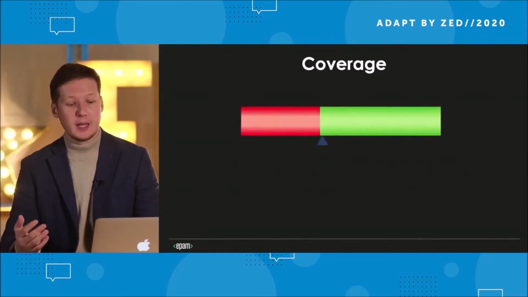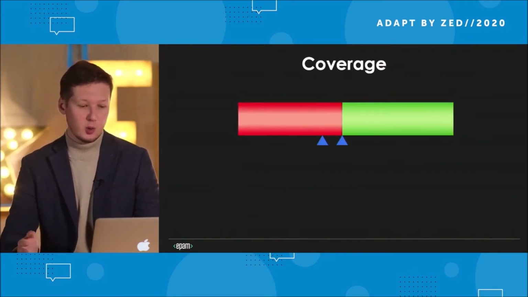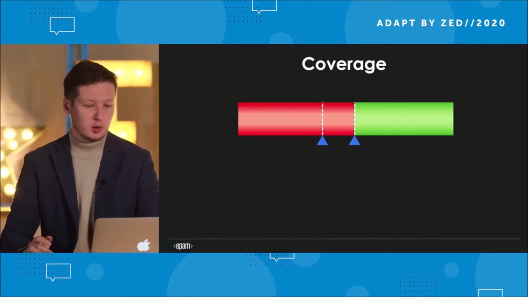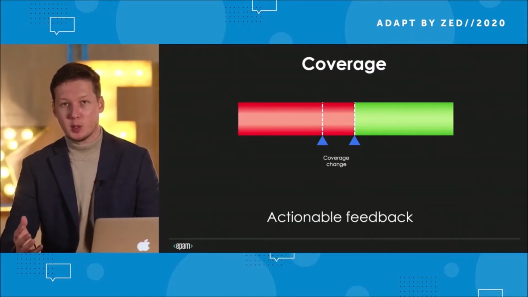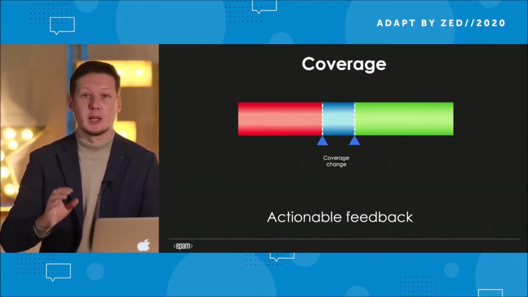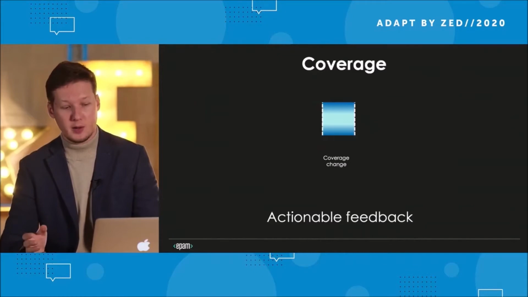But what if we can make it more actionable? In this regard, we can use so-called coverage change and convert it into actionable feedback. Just imagine if we could know which part of the code change was new code and which part was modified code.